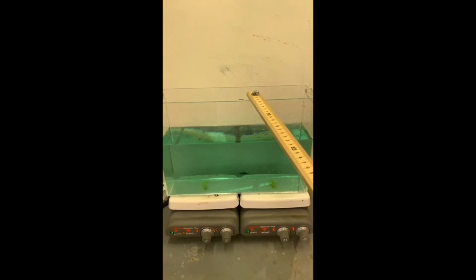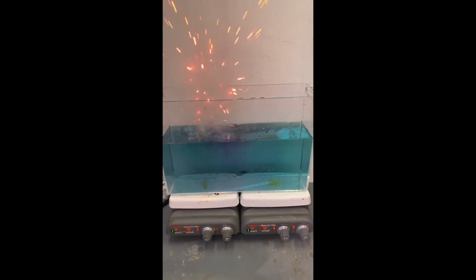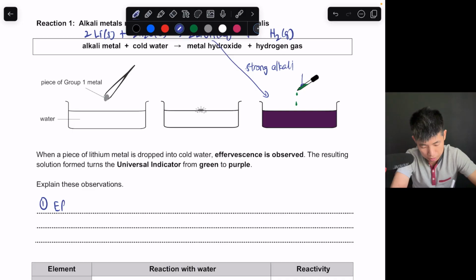Potassium, like other alkali metals, will react with water, liberating hydrogen gas and creating a basic solution. So let's jot down our observations.